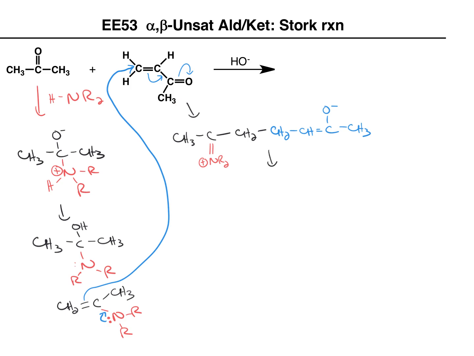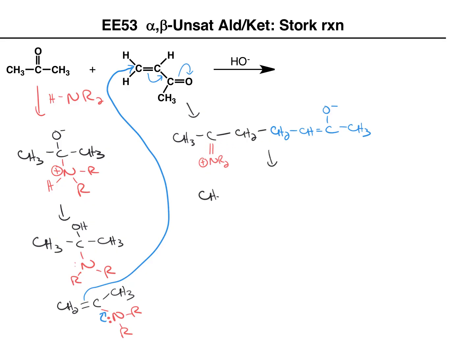We're going to have a couple of proton transfers. These electrons will come back down so that this carbon will grab a proton, and then we can lose a hydrogen from here to reform the double bond to give us a new enamine.